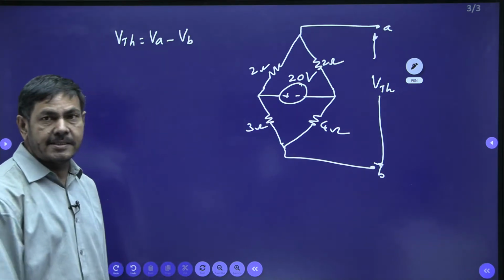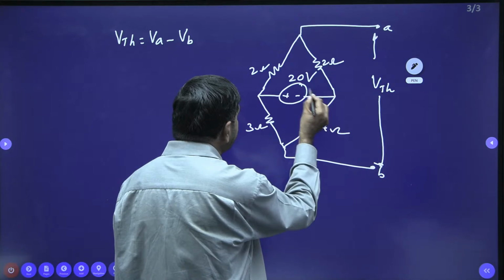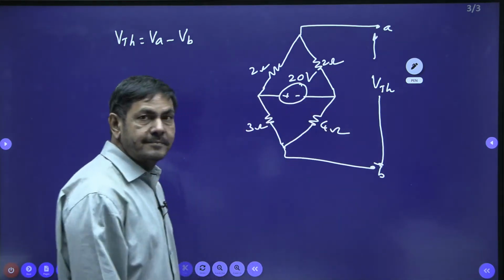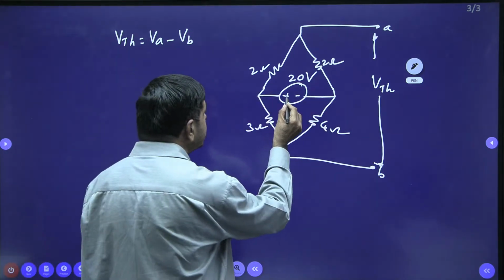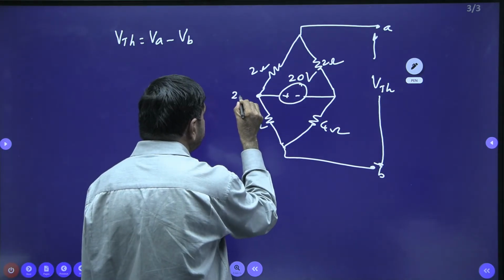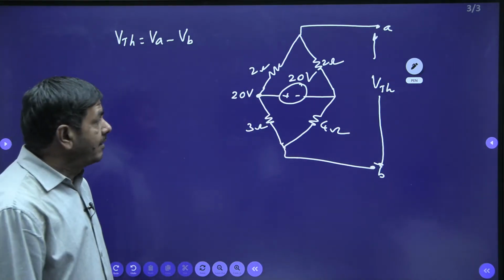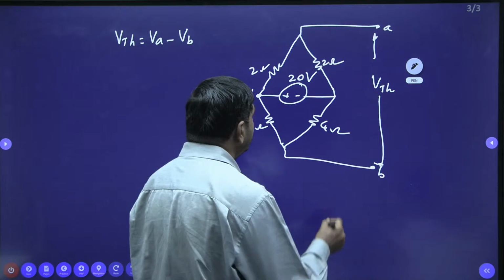Now please watch, in between these two terminals it is connected with 20 volts. This node voltage I can say is plus 20 volts. One reference node is required.